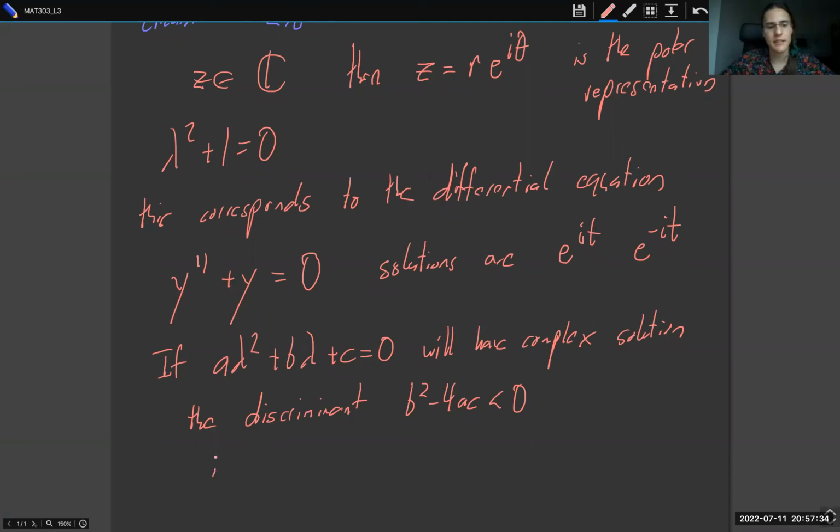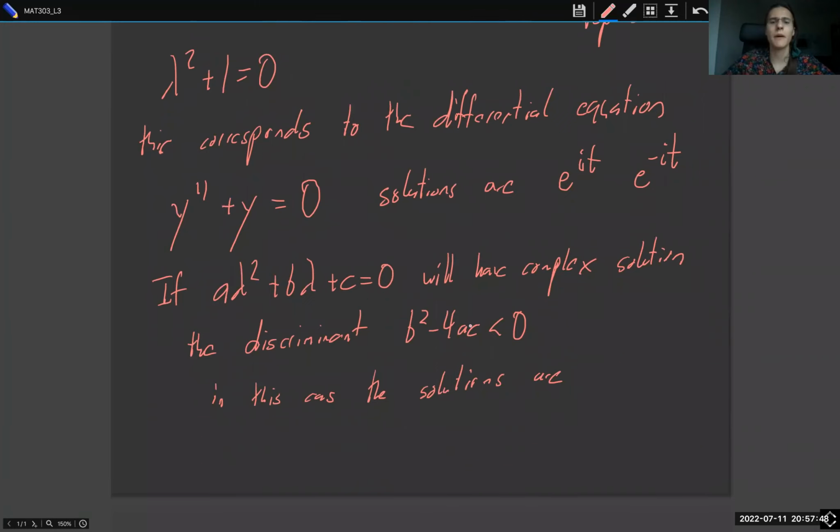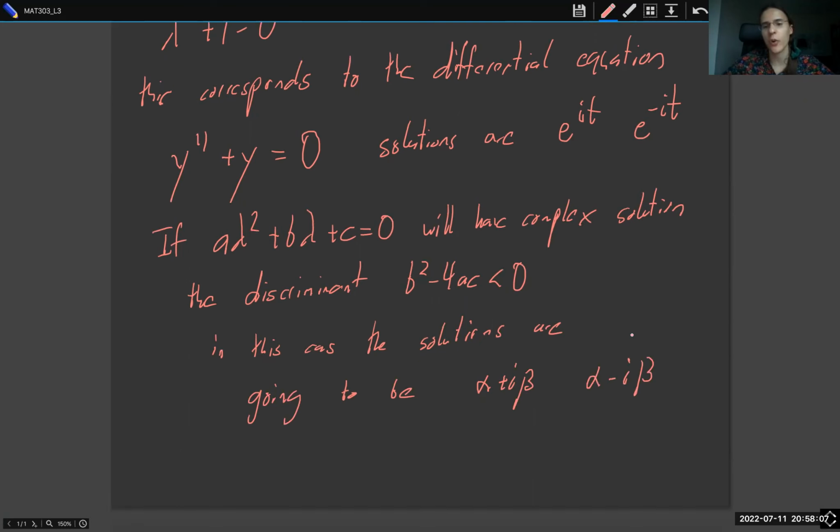In this case, the solutions are of the form, let's call it alpha plus i beta and alpha minus i beta. And this is known as a conjugate pair. The reason that we get a conjugate pair is because we started off with real coefficients.